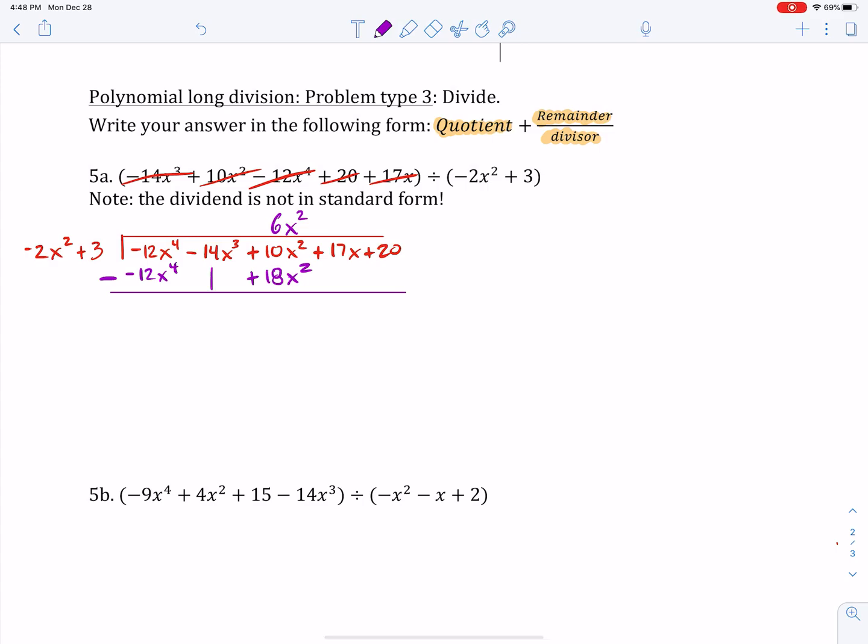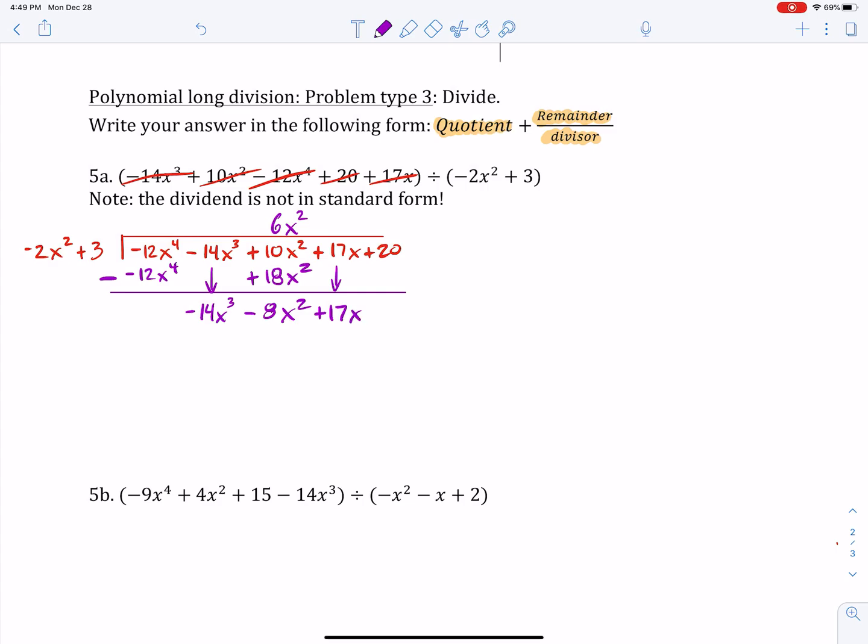We need to bring down this negative 14x to the third. 10 minus 18 is negative 8x squared. And then I need to bring down my 17x.